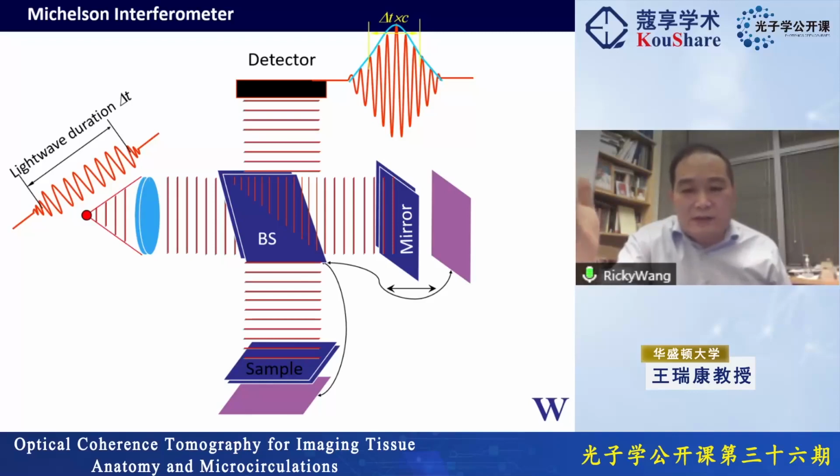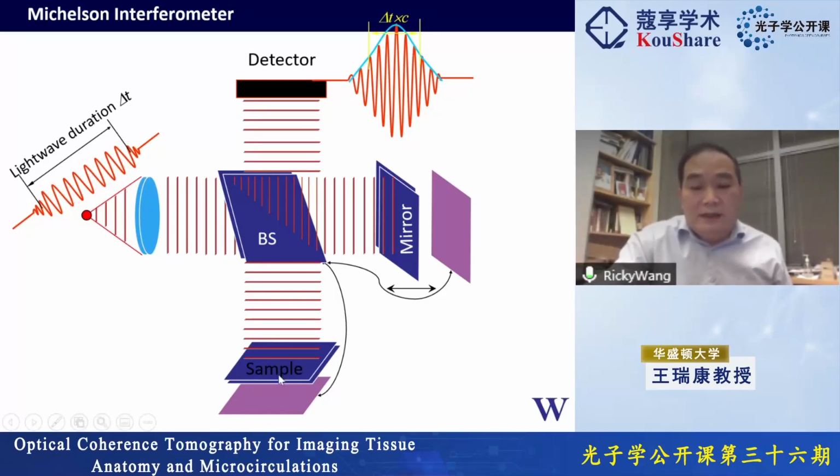So if I push the light into the biological tissue, we know that the light will penetrate into the tissue. And when the light penetrates into the tissue, if it encounters an interface, so basically a refractive index change within the sample, it will bounce back the light, right?